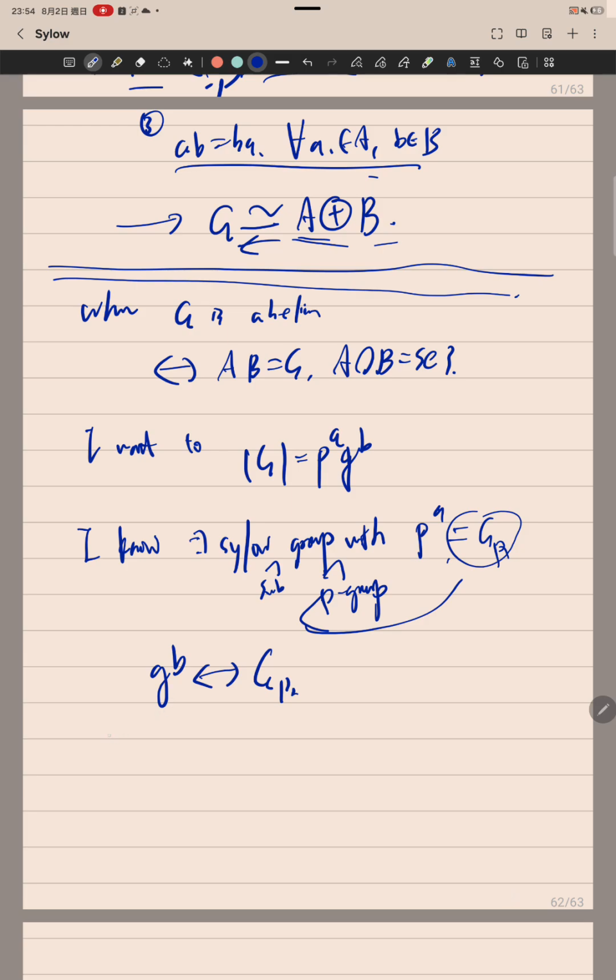Okay, so I need to show that GP1 GP2 equals G and GP1 intersection GP2 is E.